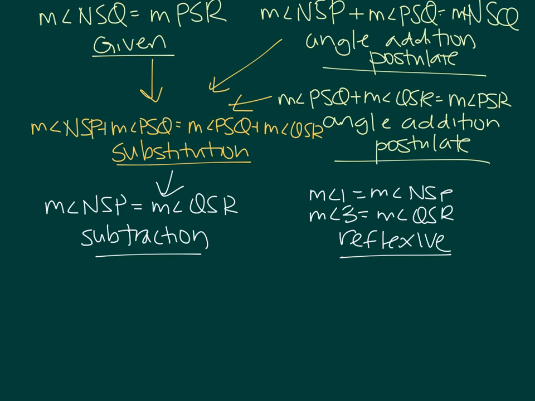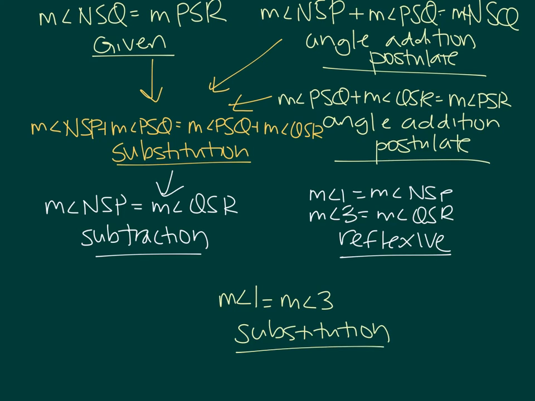So I just put that off to the side. And that's ultimately so I can see that the measure of angle 1 is equal to the measure of angle 3. And why do I know that? Well, I know that because measure of NSP is here, QSR is here, I just have to plug in. So that is by substitution. All right, and I had to use both of these ideas for me to get there.